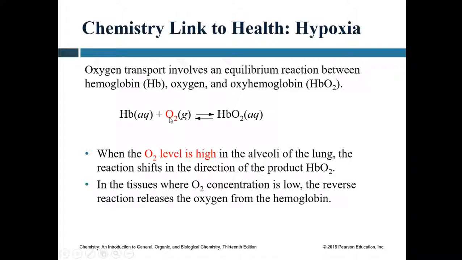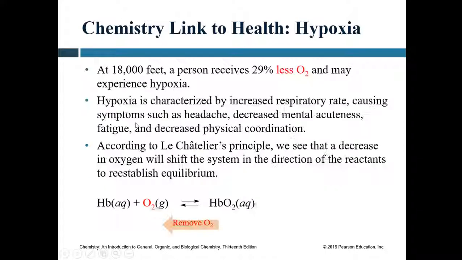Then if you take away this oxygen here, that's going to force this oxyhemoglobin to shift to the left, which means it is going to take away the oxygen from your tissues to go back and release the oxygen from this.